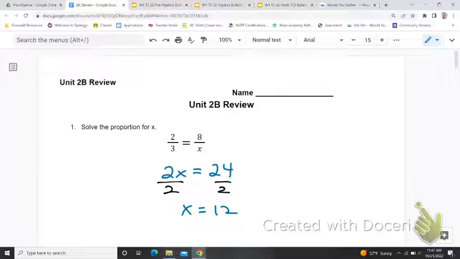You could also look at this problem and say, 2 times 4 is 8, so 3 times 4 is 12. I have to do the same to the top and the bottom for it to stay equivalent. So more than one way to get there, but we should still get the answer of 12.